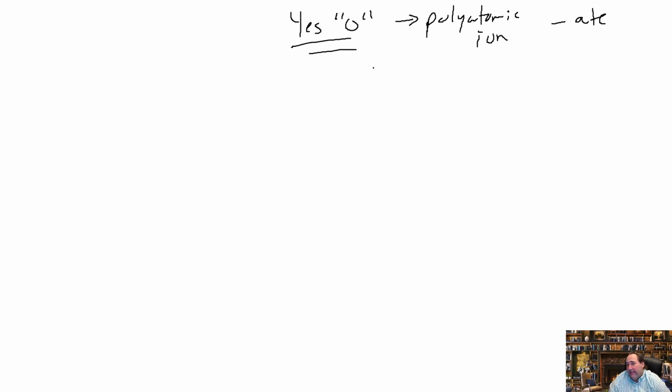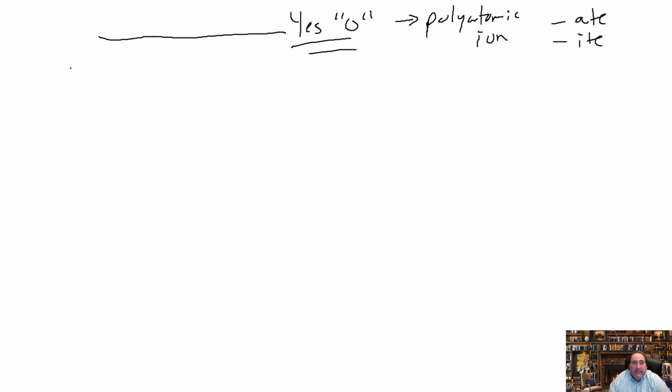Now, if your acid, the answer is yes, there is oxygen. Your acid will most likely contain a polyatomic ion. And as we talked about, those polyatomic ions end in one of two ways, ate or ite.